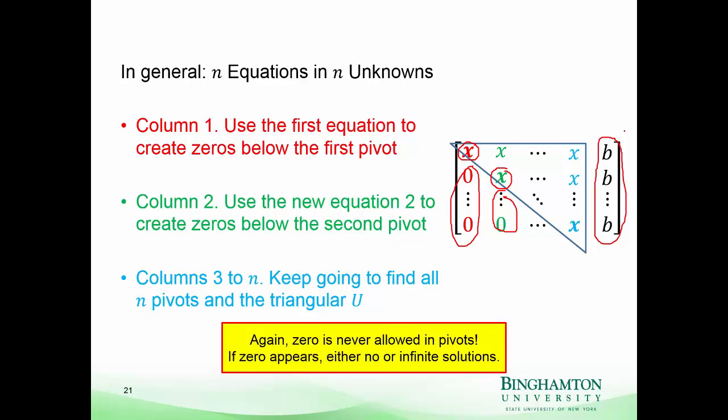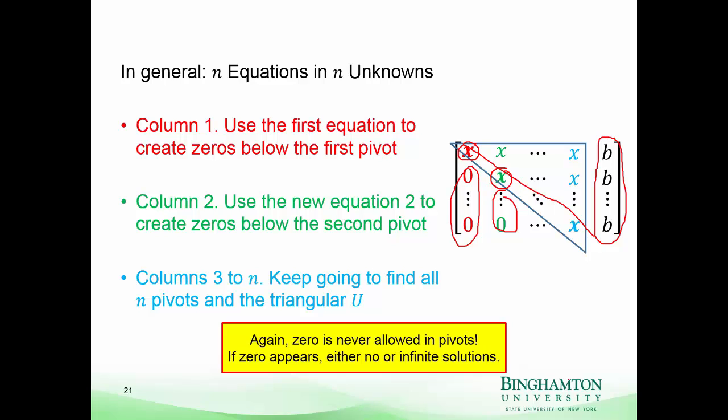And so if you end up with a 0 as a pivot, at any point along here, it's something that you have to be concerned about. We'll see in just a minute that it's possible sometimes to reorder the equations and recover from a 0 pivot, but sometimes it's not possible to do that.